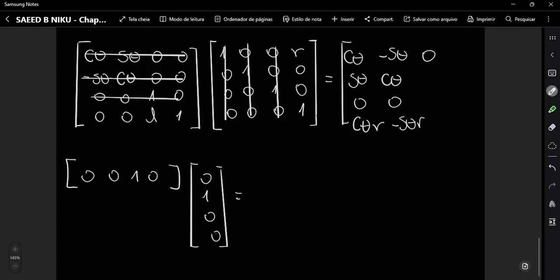It's all 0 again. Now this third column, 0, 0, 1, 0. And right here we are obtaining 1. And right here is 0 again. And now the last line.